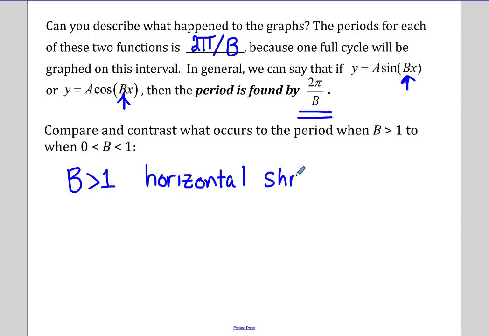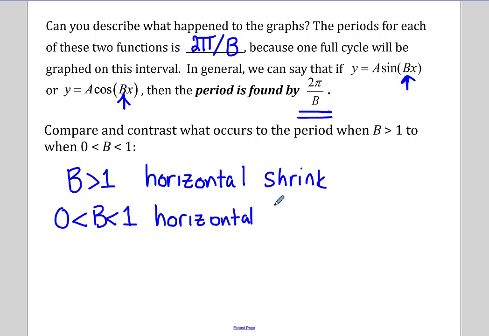But when b was a half on the second graph, a value between 0 and 1, that stretched the graph in a horizontal fashion. So we have a horizontal shrink or a horizontal stretch. So that's another characteristic. Next, let's talk about phase shift.